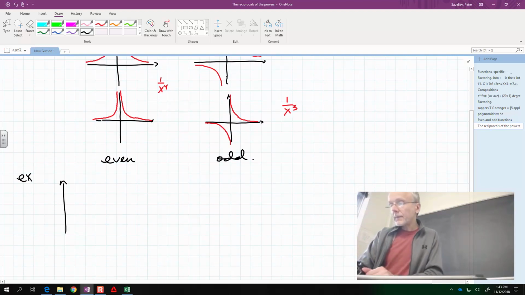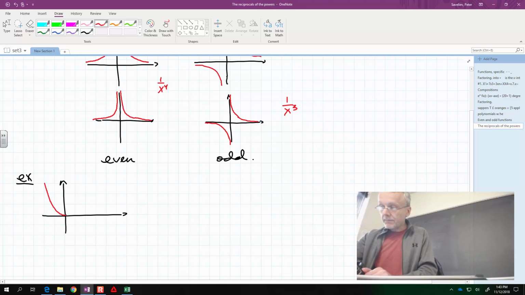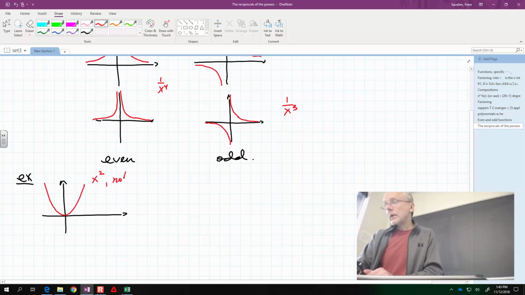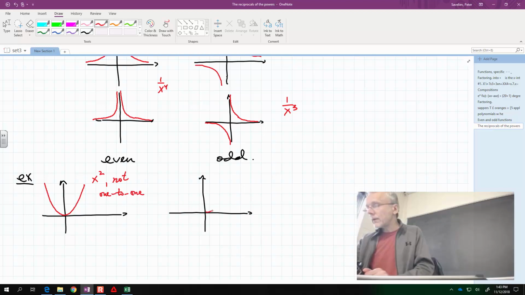Another example, if I start with my x squared, the trouble is x squared is not 1-to-1. So when we take the inverse, you have to first cut half off of the graph.